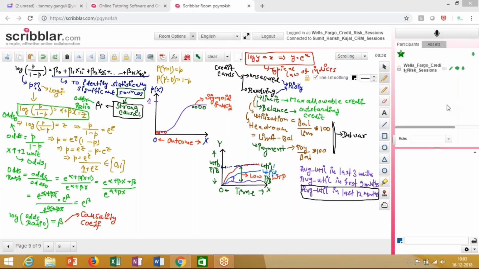Right. So the next question is, how do we go about scoring the respective accounts? How are the respective accounts scored? This is where the concept of scoring comes in.